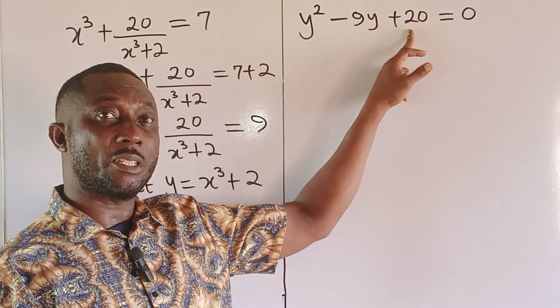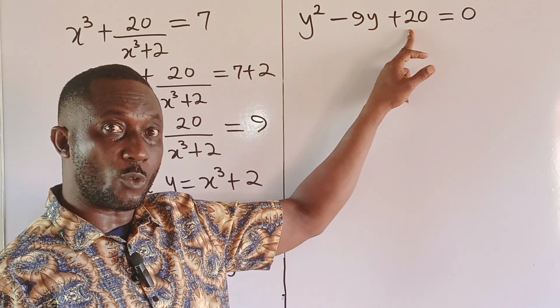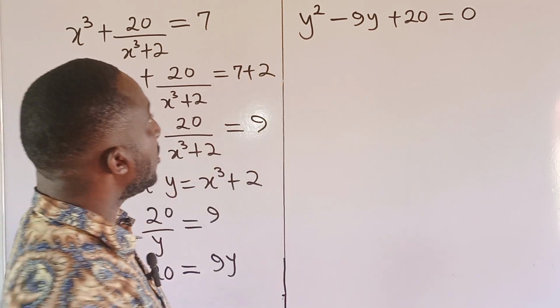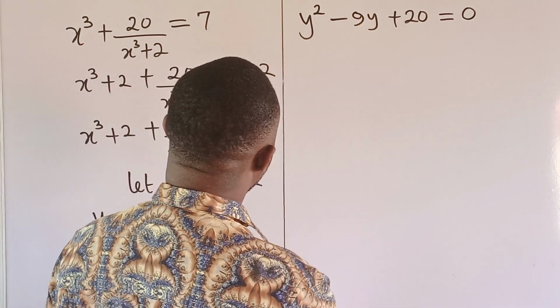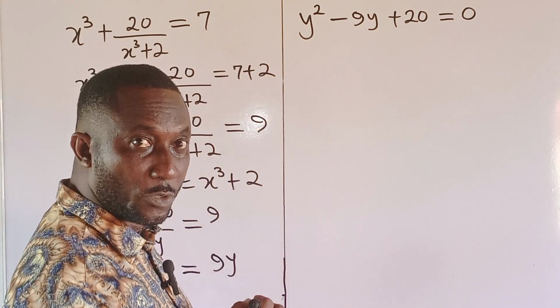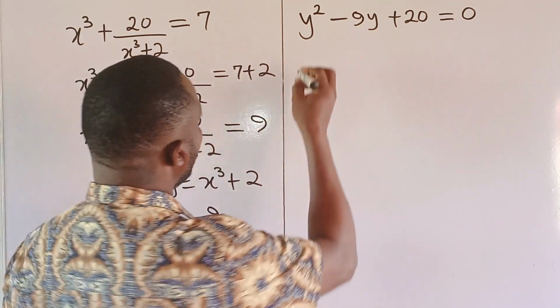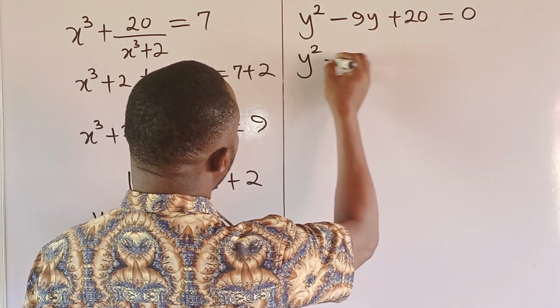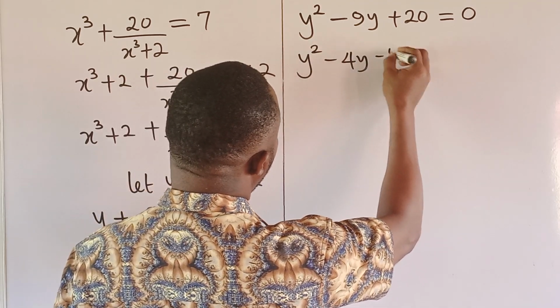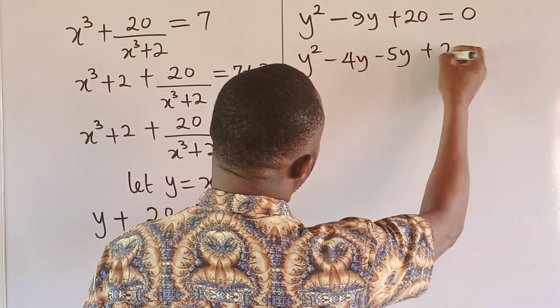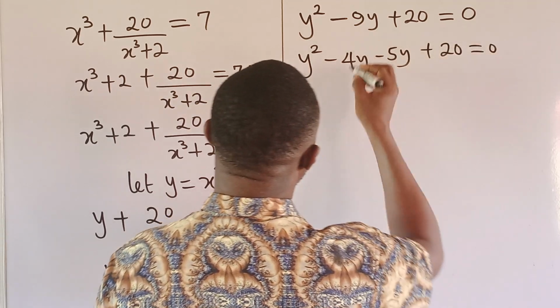Negative 4 multiplied by negative 5 will give us positive 20. So in place of minus 9y, we shall write minus 4y and minus 5y. So that becomes y squared minus 4y minus 5y plus 20 equal to 0.